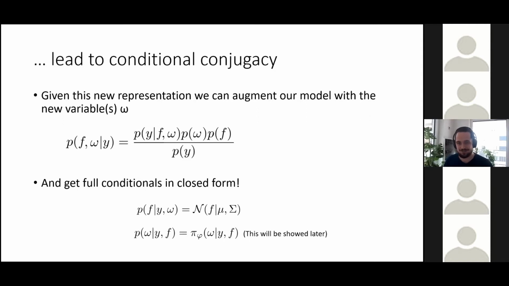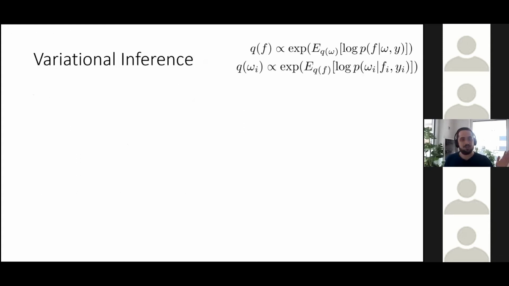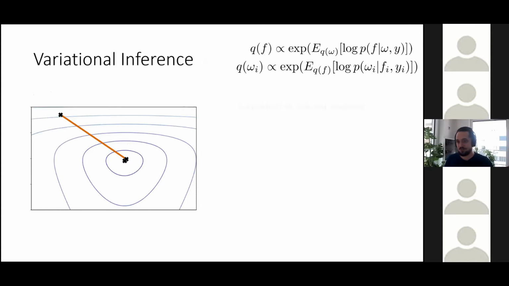That's what I'm going to show later. So yes, we can do Gibbs sampling. We can do variational inference in a few steps. That's just Blei's approach: David Blei, in his paper about variational inference, explains that we can find the optimal distribution directly by taking the exponential of the expectation of the log of the full conditionals.